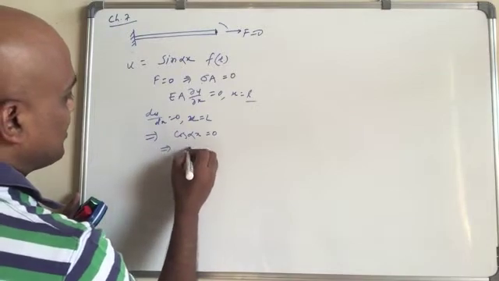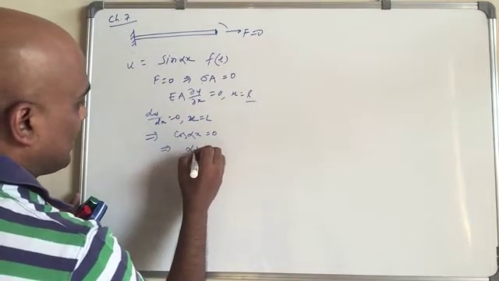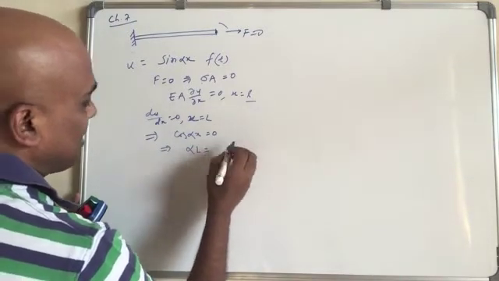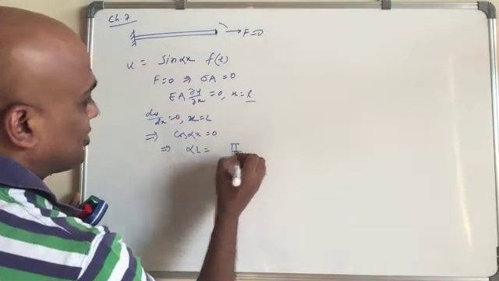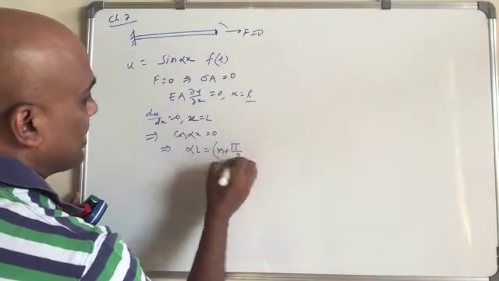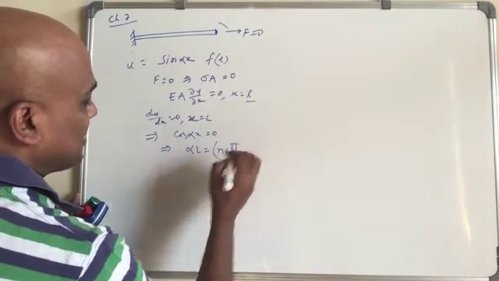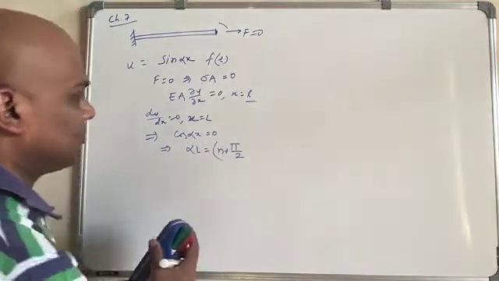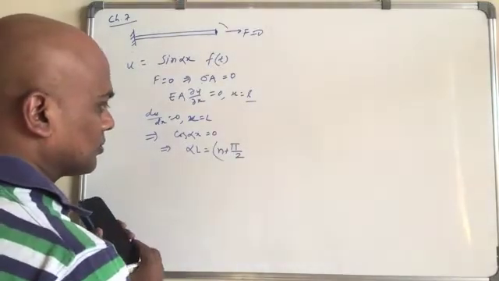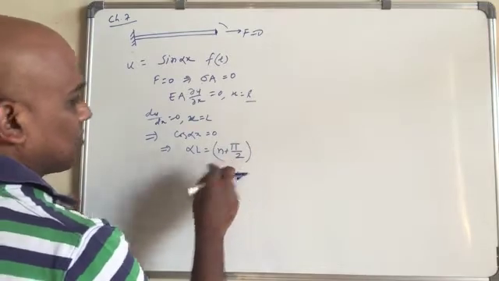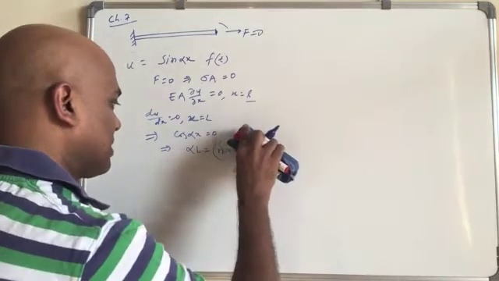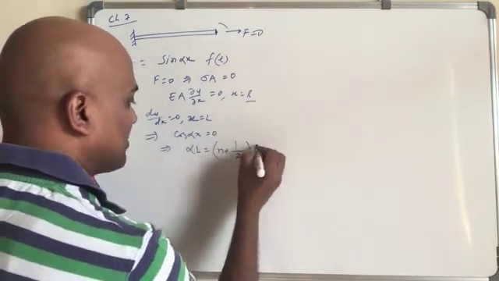And hence it will give you alpha times L equal to n plus half times pi.